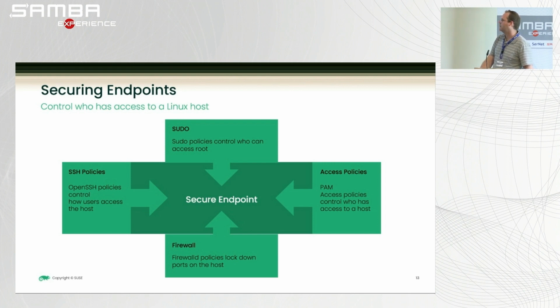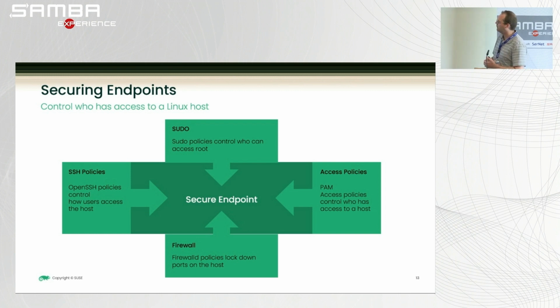You can distribute a policy, for example, that forbids root login via SSH. You've got your firewall policies, which use the firewalld service to lock down ports. You can restrict access to certain ports or services, which allows administrators to reduce the attack surface on the machine.